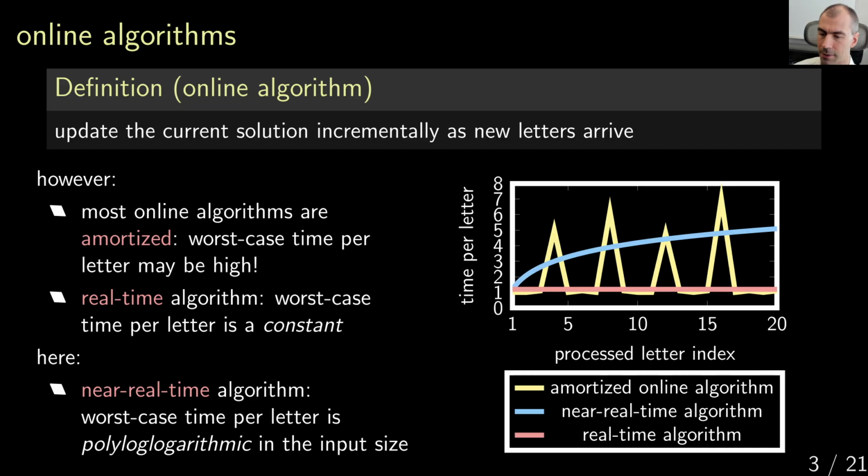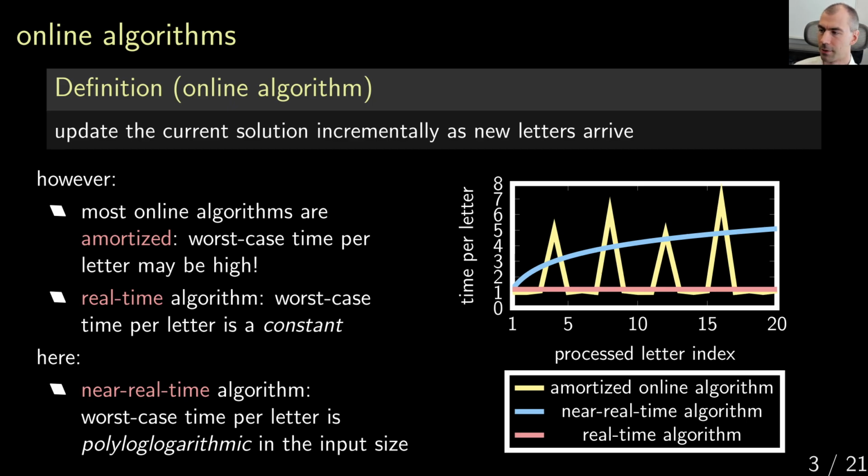In our case, we get a little bit weaker, which we call near real time, where the worst case constant gets replaced by a logarithmic time bound. So what does it mean? You don't have this constant line in the plot, but it gets a little bit weaker with respect to the index size. So the more letters you read, the weaker it gets.